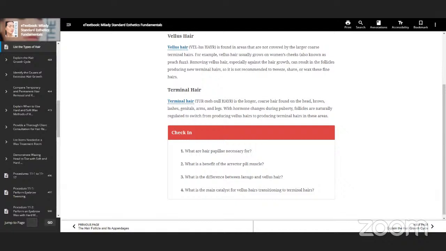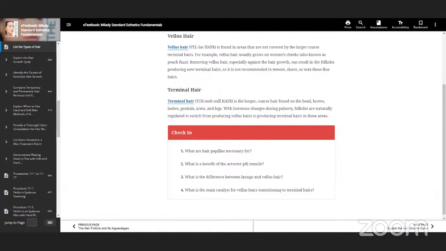Which one usually are you born with at birth? That's lanugo. And then vellus hair replaces lanugo, or terminal hair replaces it.